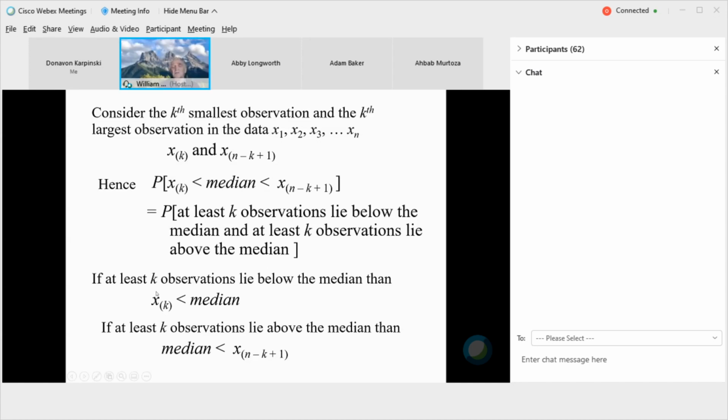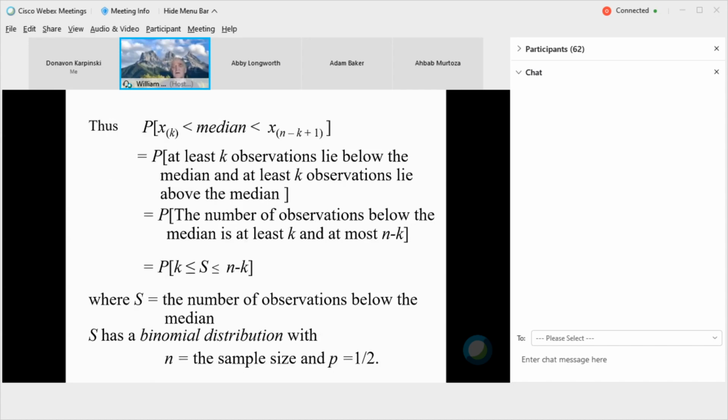So if at least k observations lie below the median, X bracket k will be below. If at least k observations are above, X bracket n minus k plus 1, the kth largest, will be above the median. So the probability that the median is between those two values is the probability that at least k observations lie below the median and at least k observations lie above the median.